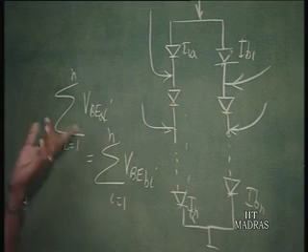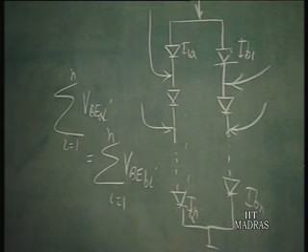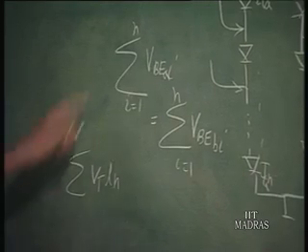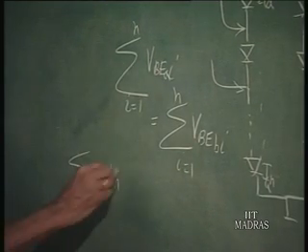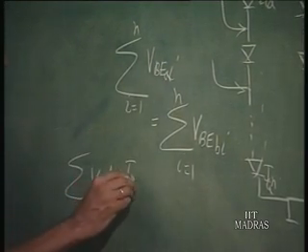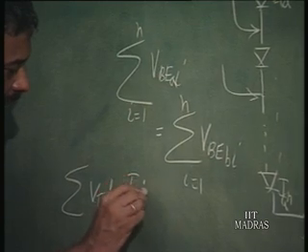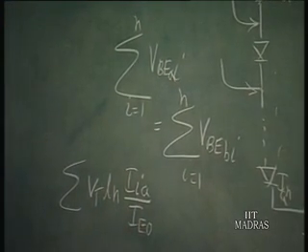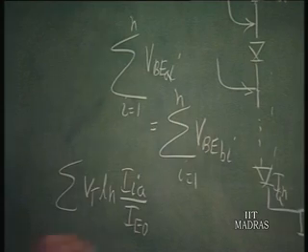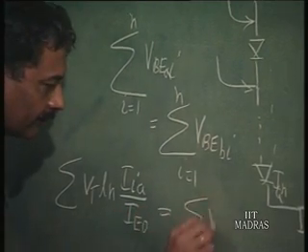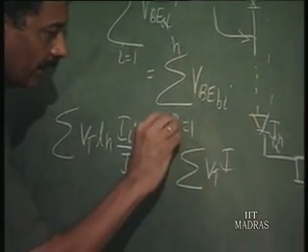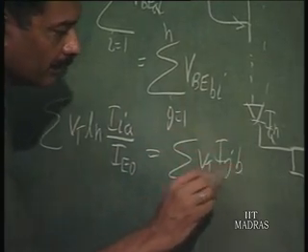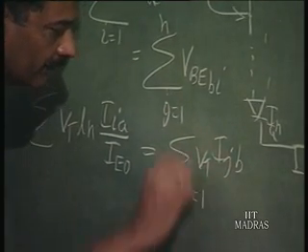So, once these sigmas are same, we know that these VBEs are same as Vt log of the corresponding currents, which we are calling I_iA, by I_E0. And this is also equal to sigma Vt log I_jB by I_E0, j equals 1 to n.